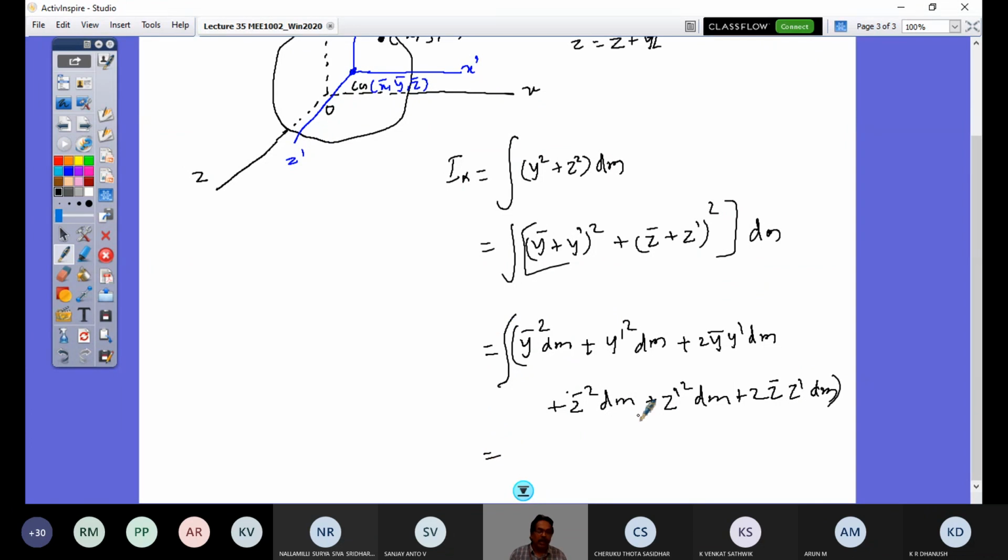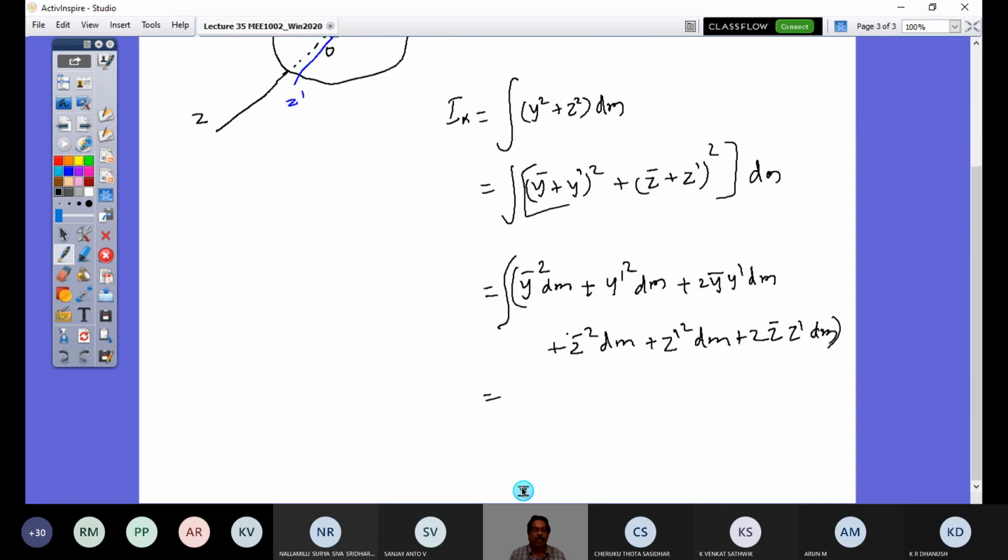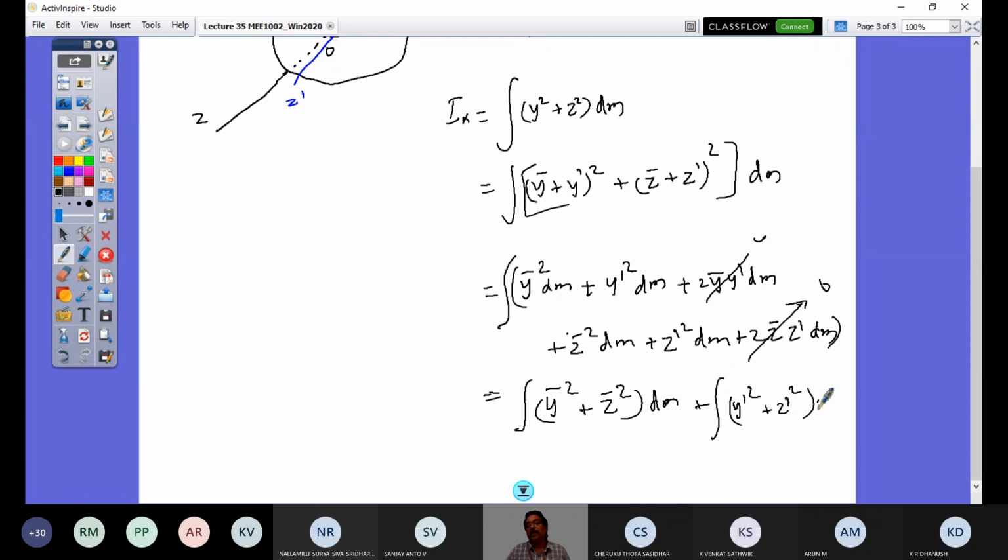Now in this you see that the first moment of mass about the central axis is 0, so this term is going to be 0. Similarly, this term is going to be 0. So what do I have left? I have left the integral of y bar square plus z bar square into dm, plus the integral of y dash square plus z dash square into dm, which is Ix.